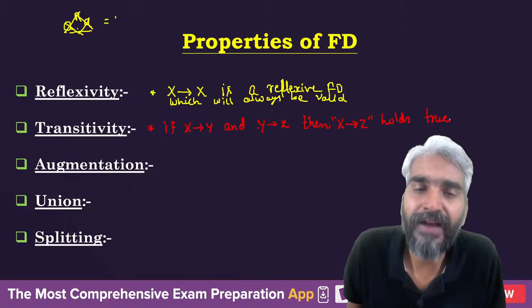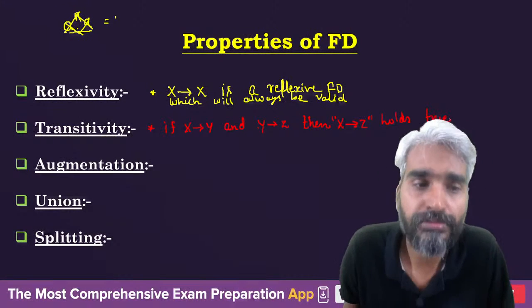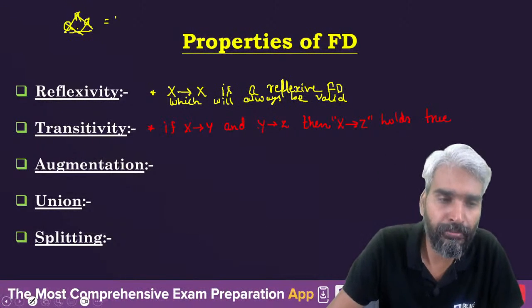So if X implies Y and Y implies Z holds true, then X implies Z will also hold true. Clear?